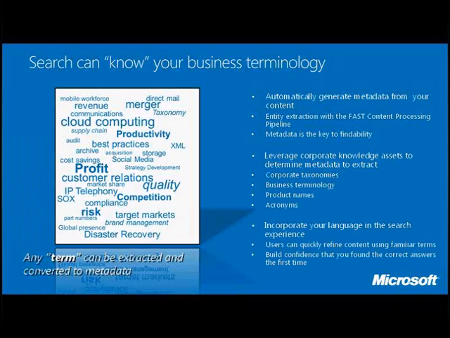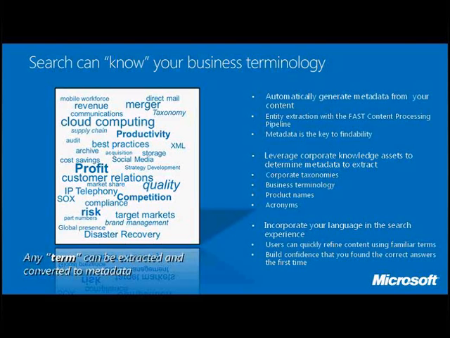Any term can be extracted to convert into metadata, or any pattern if you program, and we're going to talk about that. But basically what we're doing is we're automatically generating metadata for your content based on the things that are defined and populated in your pipeline.